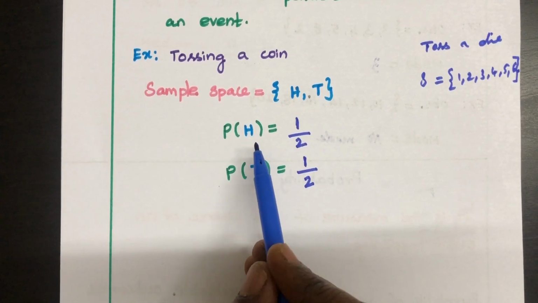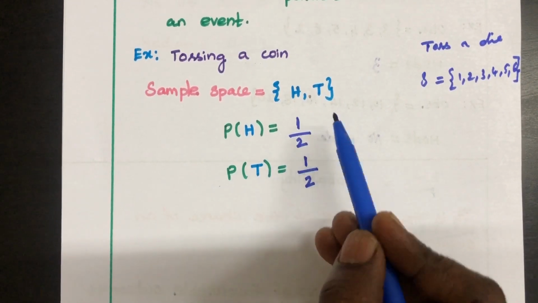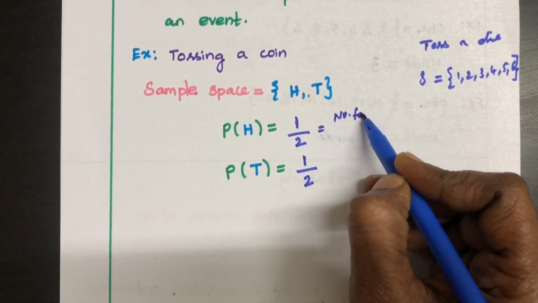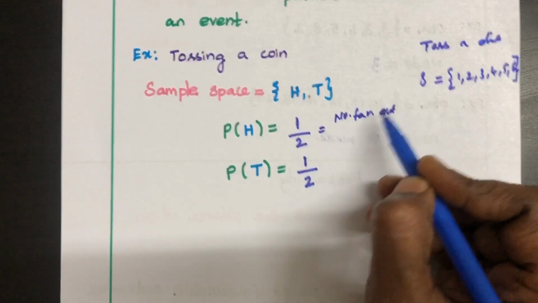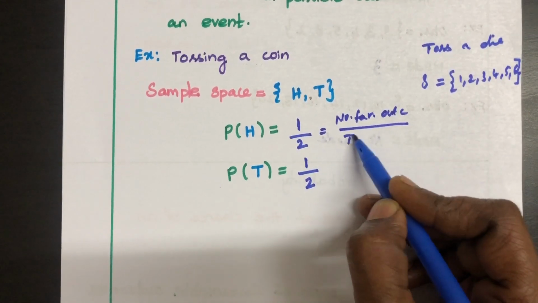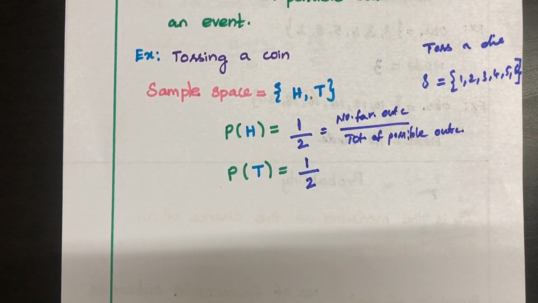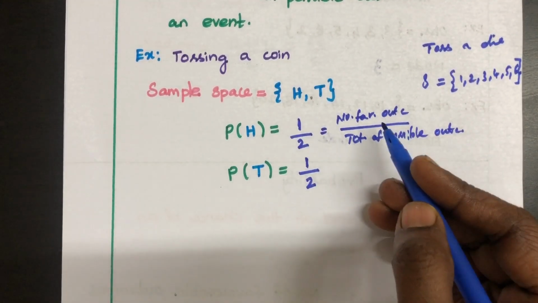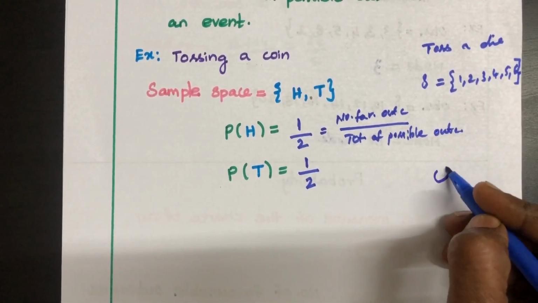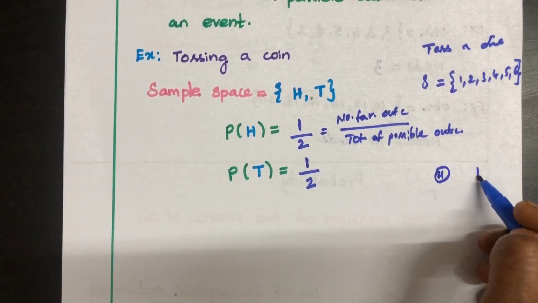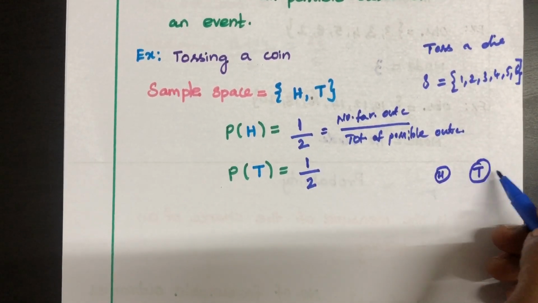Now, what is the probability of H? That means getting a head. Probability means the number of favorable outcomes divided by the total number of possible outcomes. If you are tossing a coin, one time H may come, another time T may come, right?